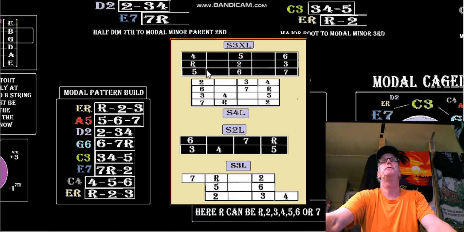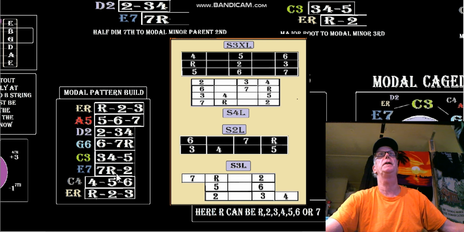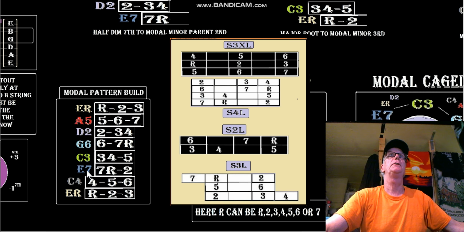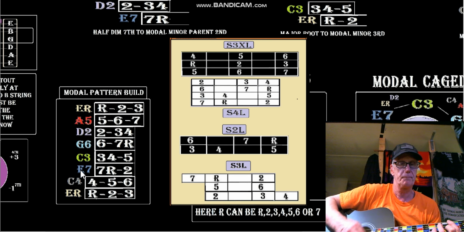Half whole aliases, whole half aliases. That's why when you get to that part of the pattern, E, C, G, D, these are fifths. Fifth of E is C, fifth of C is G, fifth of G is D. The fifth of the E string shape is C.